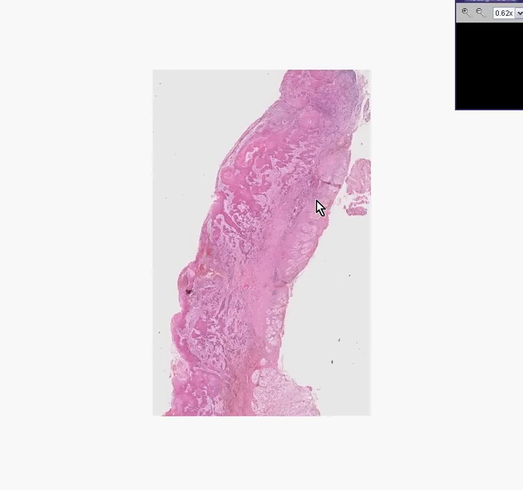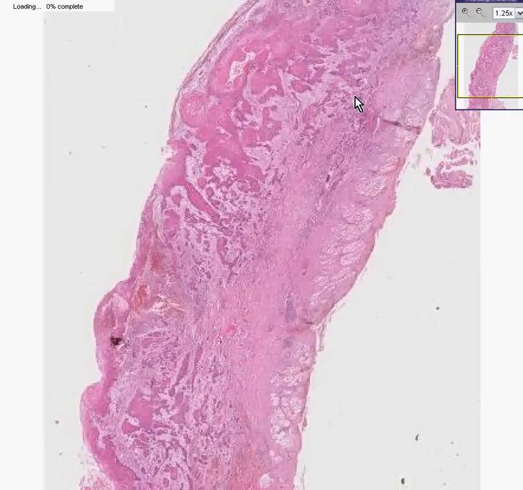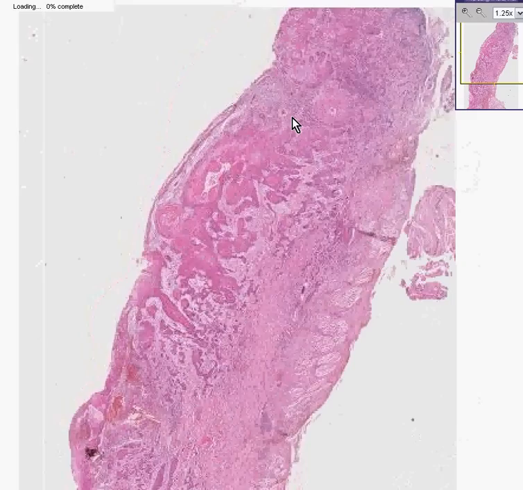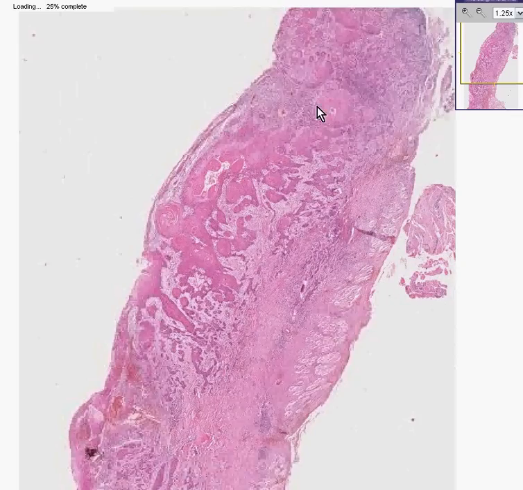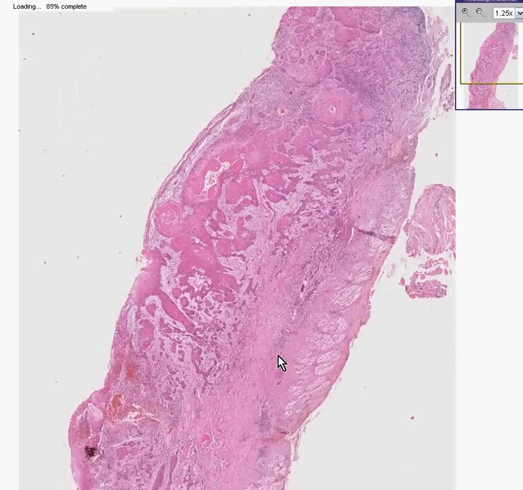Here it is. You can recognize quickly that there appears to be in this area at least a mucosa which is intact and overlying part of the tumor that is infiltrating deeply throughout the tongue here.